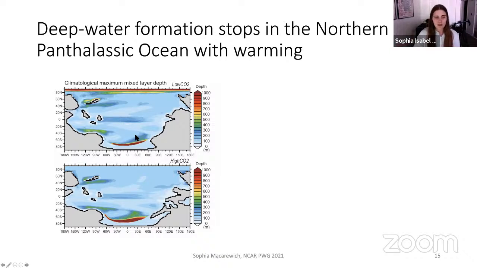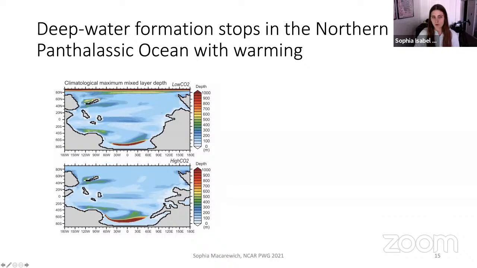We find that in the high latitudes, these maximum mixed layer depths occur in the cooler winter and spring months. In the low CO2 simulation, we see very high mixed layer depths supporting deep convection in both hemispheres. In the high CO2 simulation, we only see these large mixed layer depths in the southern hemisphere.